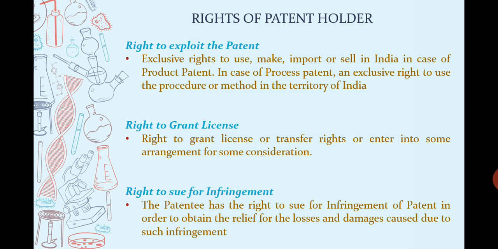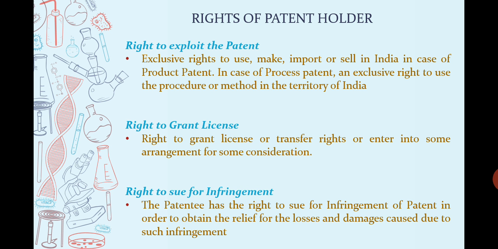Like for example, the right to sell the invention is only in the hands of the patent holder. If I start selling the invention for which I don't have any patented rights, then I am infringing the patent law, whereby I am taking away the exclusive rights of the patent holder, which I am not legally permitted to do. That is the meaning of infringement.